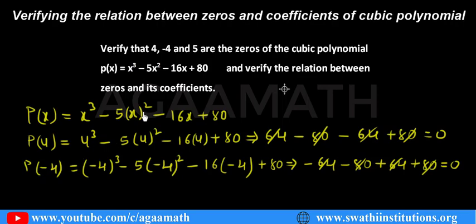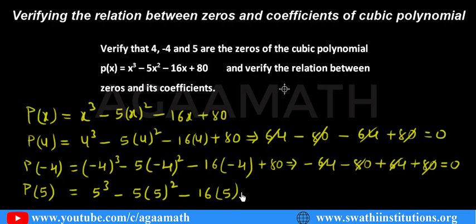Now one more value we have, that is 5. Let us check with 5 whether we get 0 or not. When we substitute that value in place of the variable x, then we can say that 5 is also a zero of this given cubic polynomial. So 5 cube minus 5 of 5 square minus 16 of 5 plus 80.